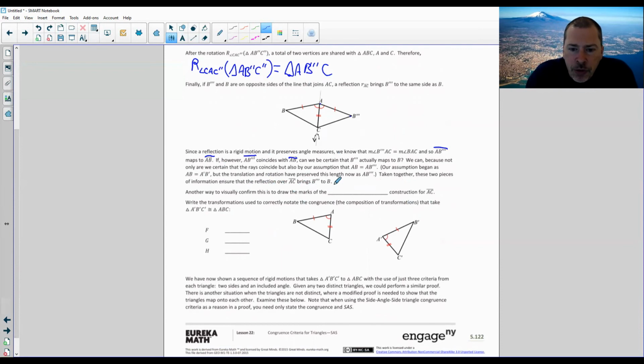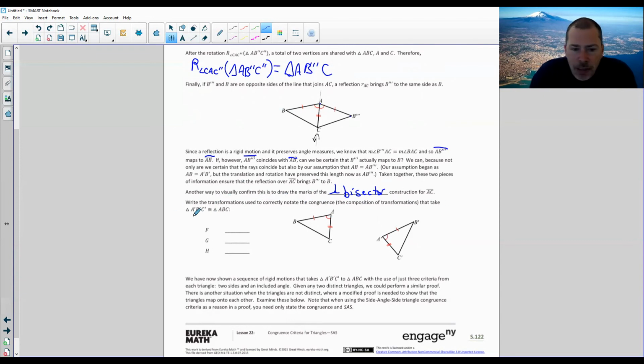And that is by using a perpendicular bisector of AC. So if we constructed a perpendicular bisector, then we'd see that it would go through B and B triple prime.